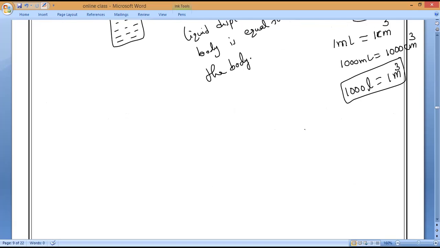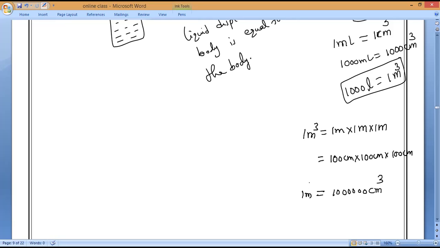So observe. Basically, we know that 1 cubic meter is equal to 1 meter into 1 meter into 1 meter. Now, 1 meter is equal to 100 centimeter. Tell me fast. So 1 cubic meter is equal to 10 lakh cubic centimeter. Is it right or wrong?